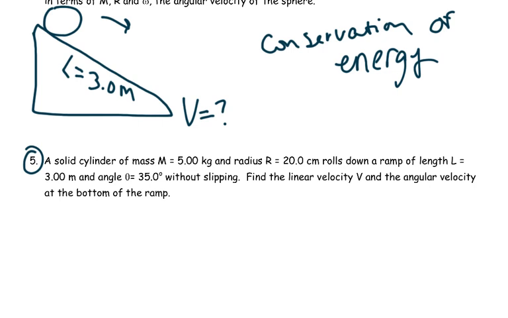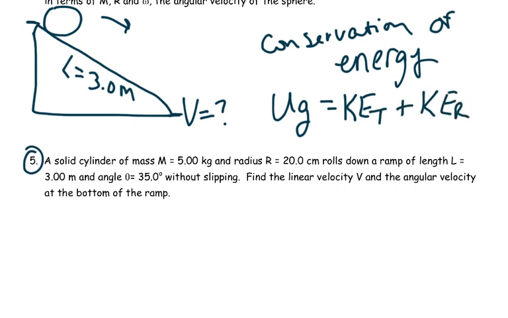All right, so in order to do conservation of energy, what energy am I starting with at the top? Gravitational. And what must that equal at the bottom? Kinetic. But is this object going to be rolling? Yeah, so we're going to have translational and rotational at the bottom. All right, so what is the equation for gravitational potential energy? mgh.